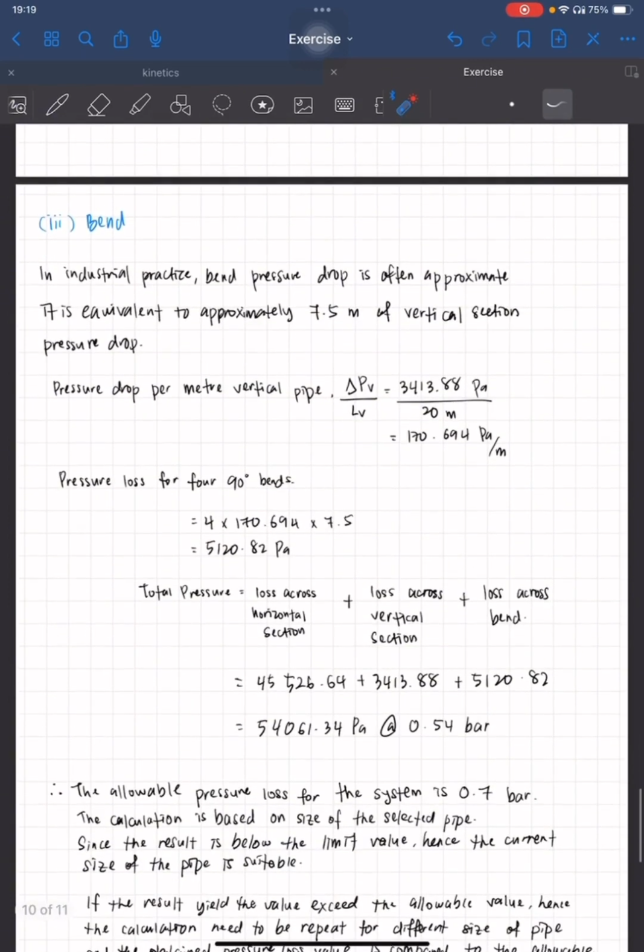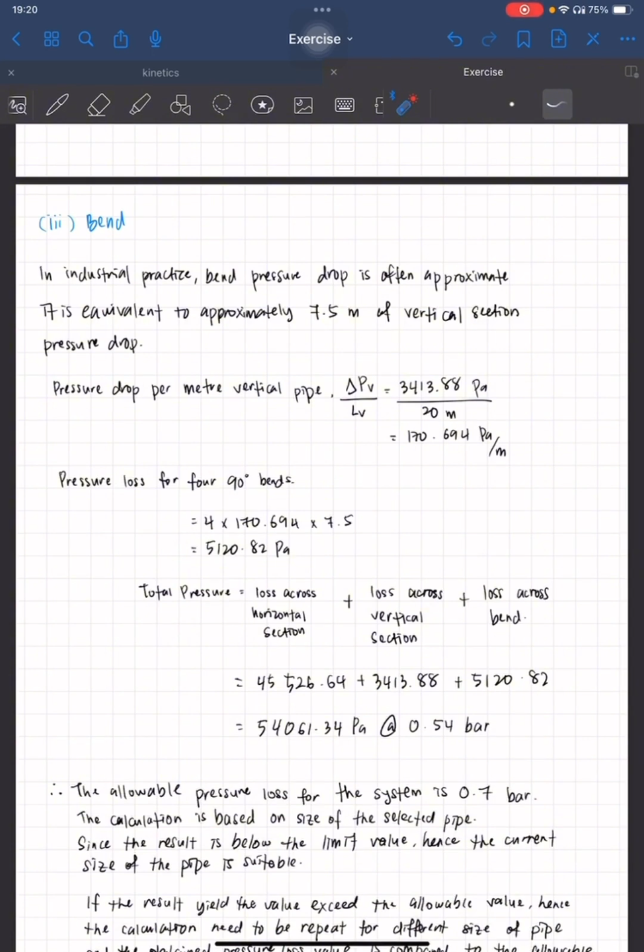Then we proceed to calculate the pressure drop for the bend, sorry. So usually in industrial practice, the pressure drop for a bend is approximately equivalent to the pressure drop for 7.5 meters of vertical section.